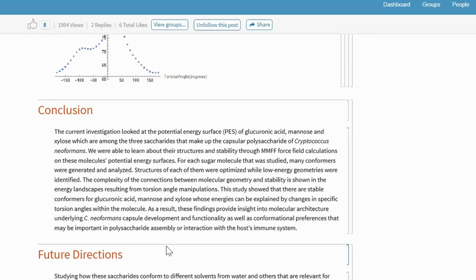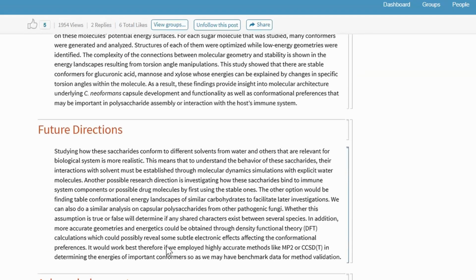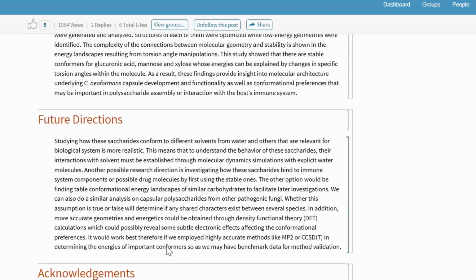In conclusion, we are looking at the conformational landscape of glucuronic acid, mannose, and xylose, and these give fundamental insights into the molecular architecture behind capsule formation in Cryptococcus neoformans.